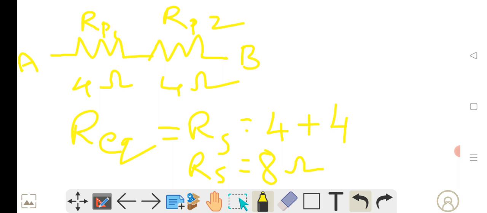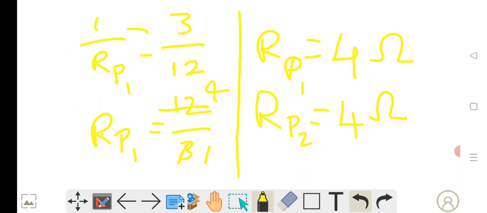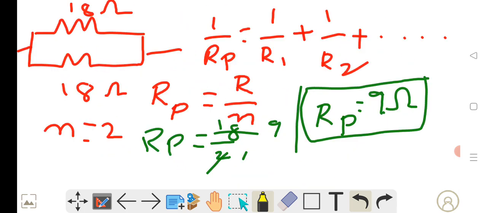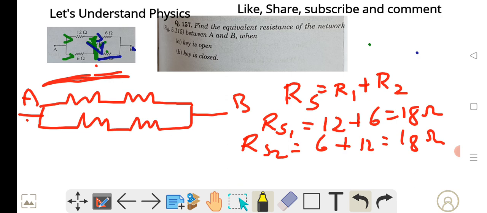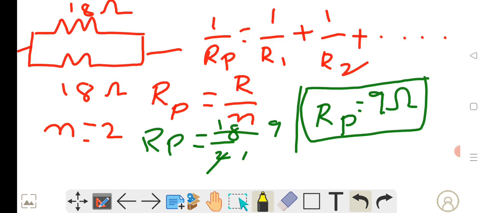Okay, so when the circuit is closed, you have the resistance value 8 ohm. That means when the key is closed, the equivalent resistance value you got is 8 ohm. When the circuit key is open, you have the value 9 ohm. Understood all of you? So when the key is open, we have solved.